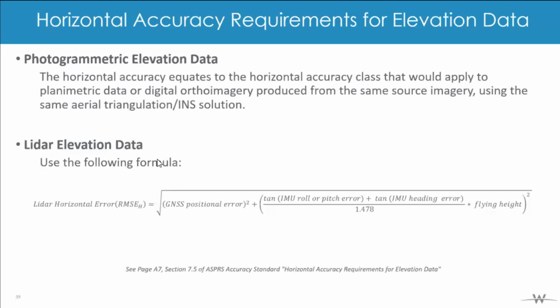Those are the three main contributors to the error budget in LiDAR because laser ranging is really accurate. I mean, it doesn't add much, but the positioning, orientation, and flying altitude are the main contributors to the error of the LiDAR horizontal accuracy.